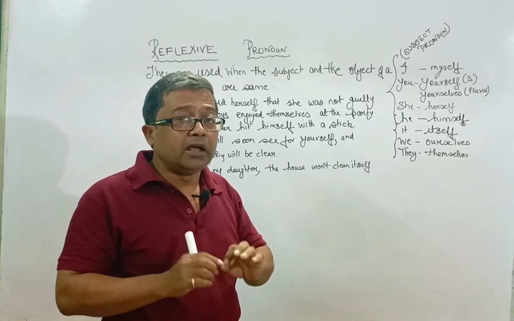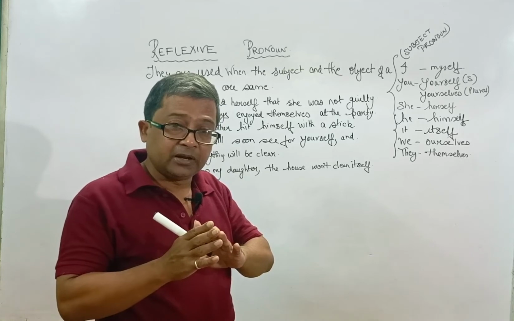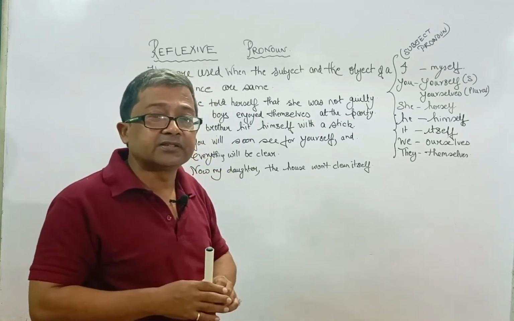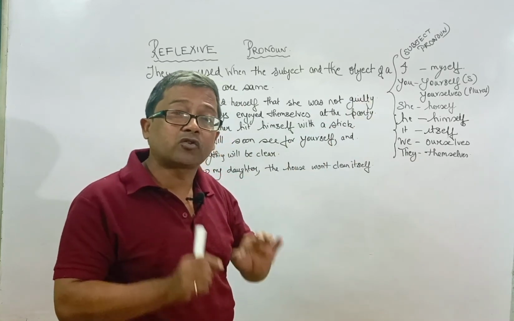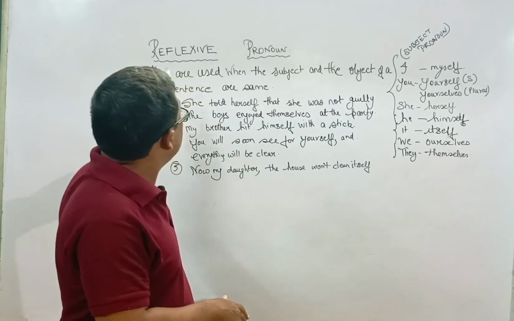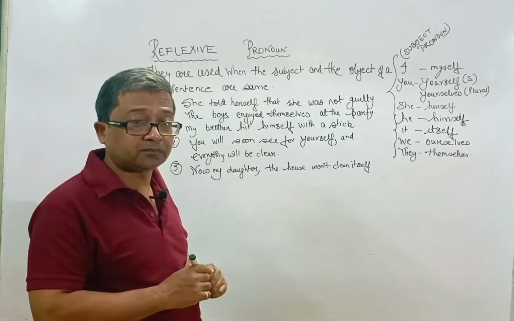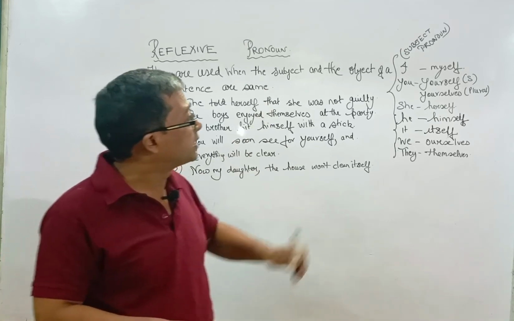What is it? In a sentence, we have a subject and an object. But when in a sentence, the subject and the object are same, we are talking about the same person, then we use reflexive pronoun. But before I go into little detail about it, please let me explain here.